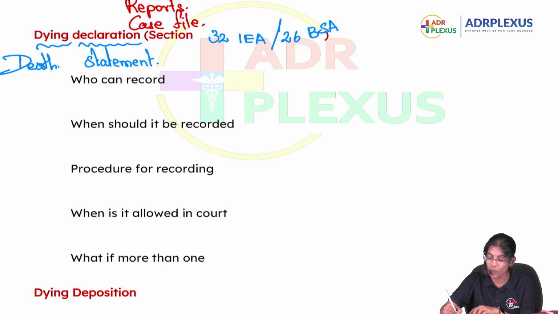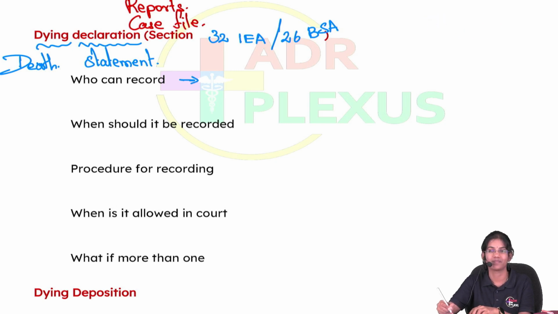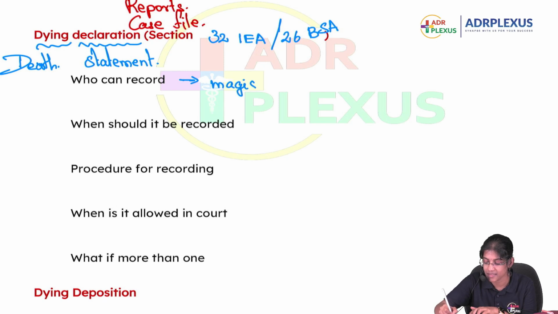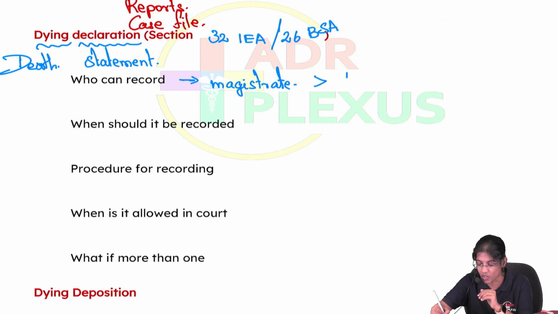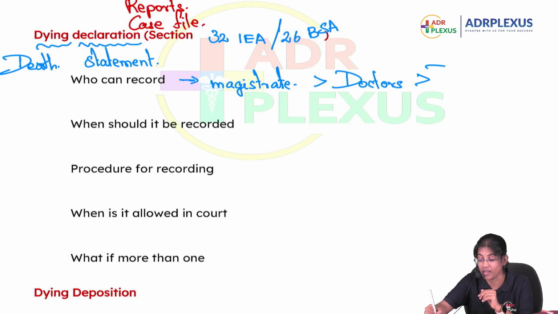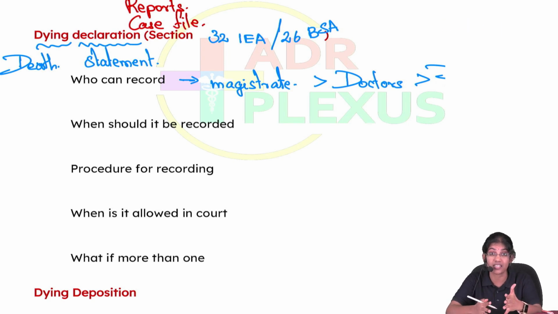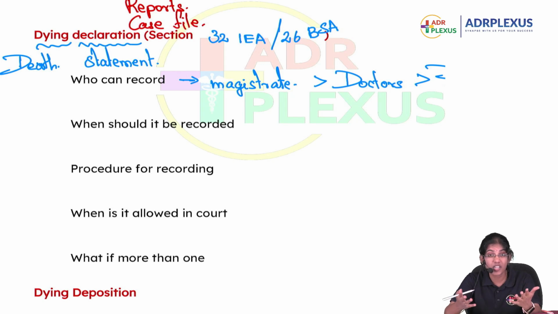Okay. Now, who can record it? Magistrates are ideally supposed to record it. After that, it's the doctors and then the police. That's why recently you can see courts again and again asking doctors, why didn't you record it? The magistrate was busy.